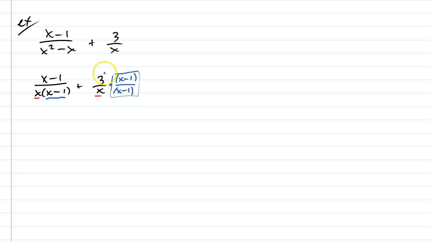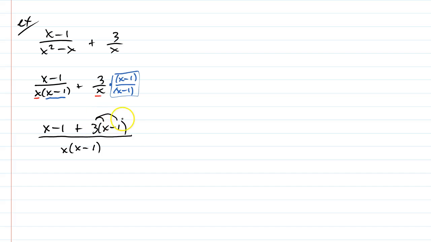Now, if you look at it, we have common denominators this way. And so, x minus 1 plus 3x minus 1 is what's going to be on the top of the entire fraction. And instead of writing these denominators twice, you can just write it as the common denominator. Now there's still some work to do, because I have to multiply in my 3.